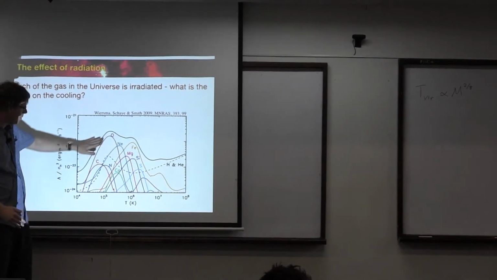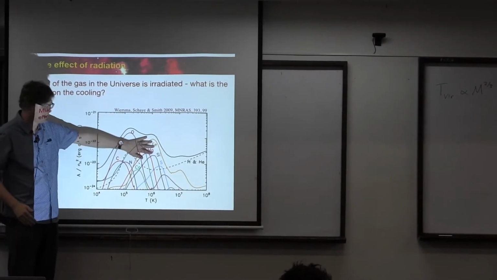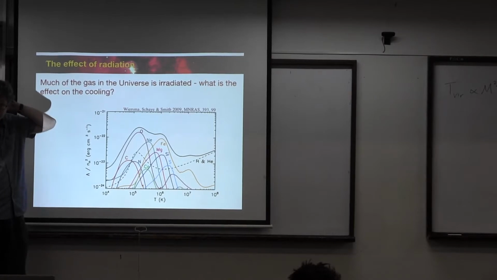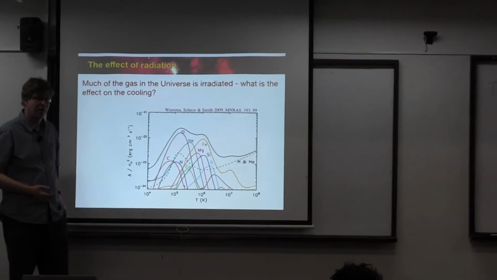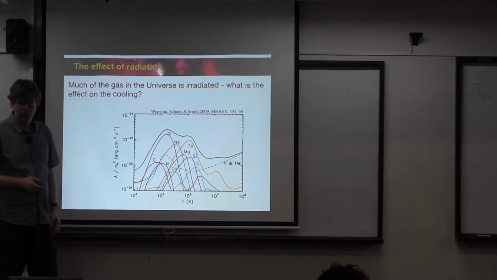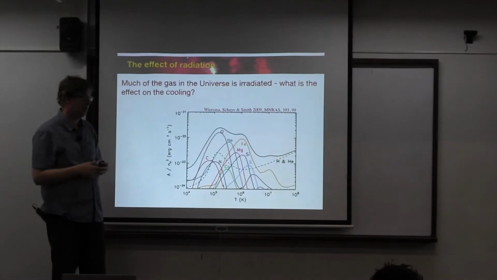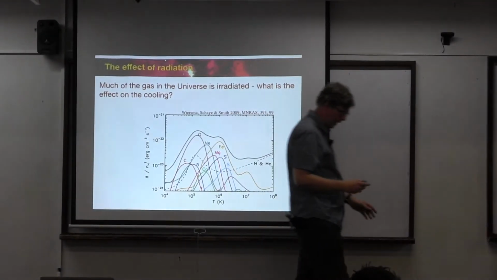It will destroy bound states in helium, neon, and oxygen completely. You will still have cooling in iron, but you will get rid of a lot of these cooling functions. So you would get a very different scenario, and it will be very hard for that gas to cool down. You will have a lot of hot gas around that doesn't cool down to become stars or galaxies, clumps of cold gas.